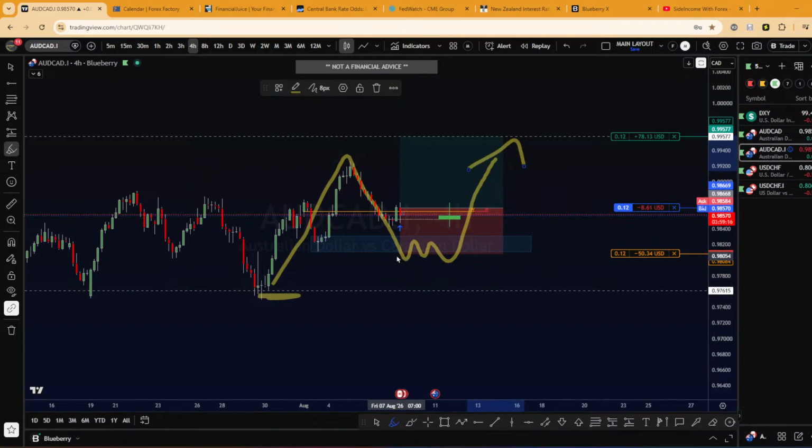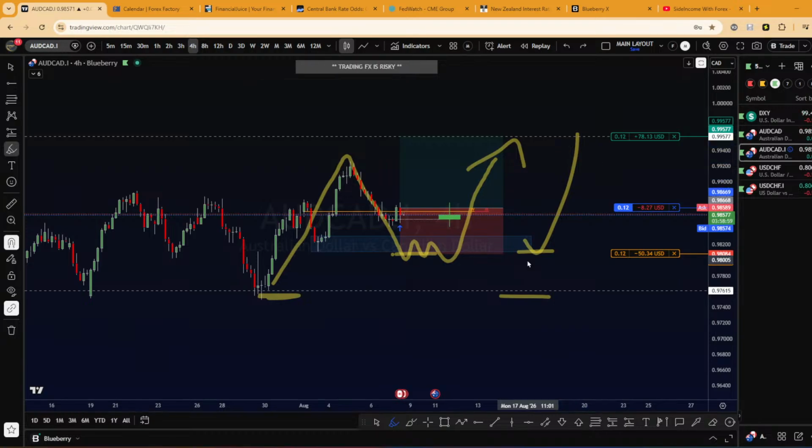So yeah, I put my first stop here. If I get stopped out, it's okay. I will re-enter maybe after the interest rate next week, this time with a stop below, and see how this trade will develop.